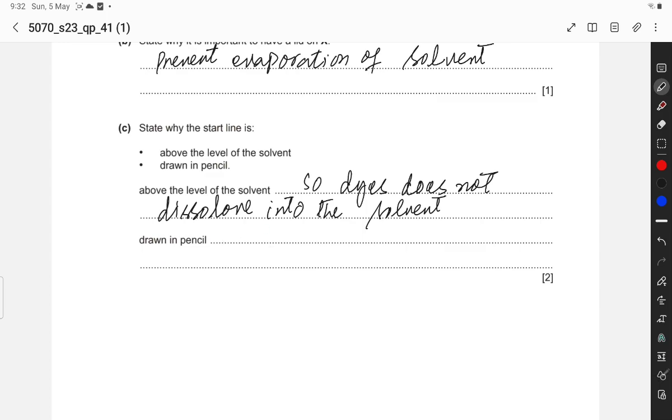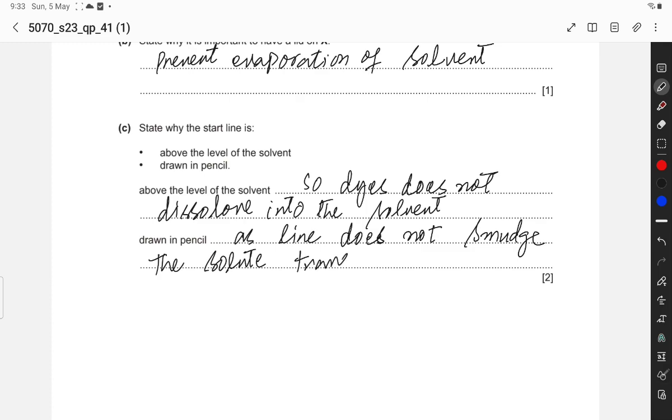Drawn in pencil, as the line does not smudge, so the solute can travel up the paper.